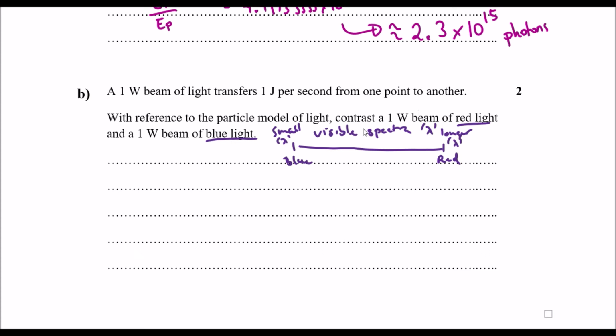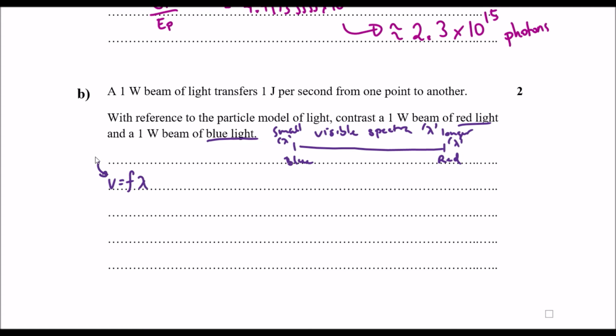Well, as we look at the previous equation that I derived, v equals f lambda, now v is just the speed of light, so that's a constant. If I rearrange this, we can say that f is inversely proportional to wavelength.